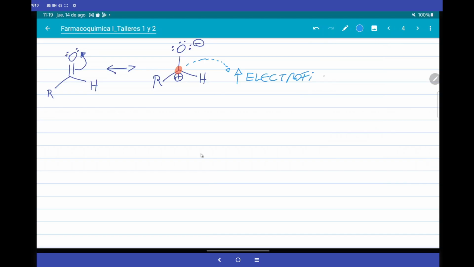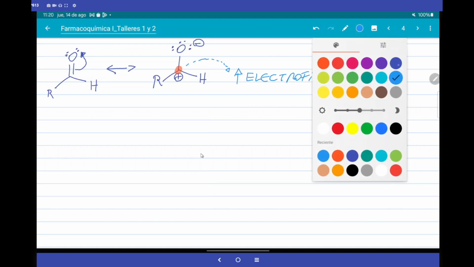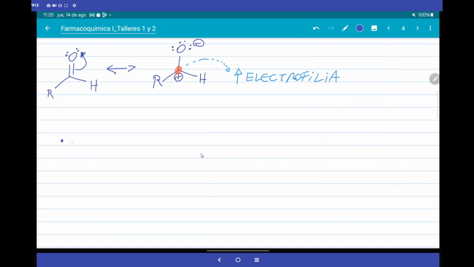We will always see these two concepts, electrophilicity and nucleophilicity. In biological systems, for example proteins, carbohydrates, and nucleic acids, all of them tend to be nucleophilic systems.